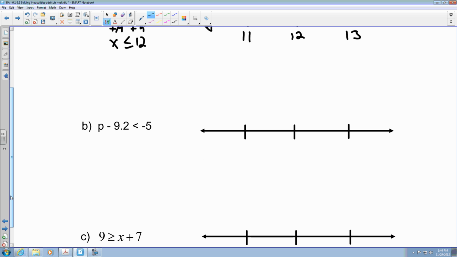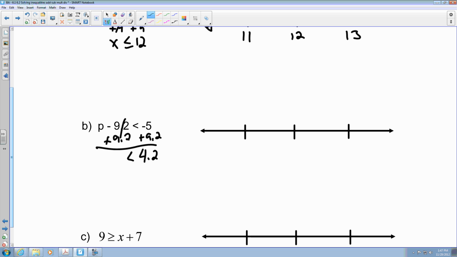Let's try B. We've got P minus 9.2 is less than negative 5. So same thing, I'm going to add 9.2 to both sides. That cancels, and negative 5 plus 9.2 equals a positive 4.2.